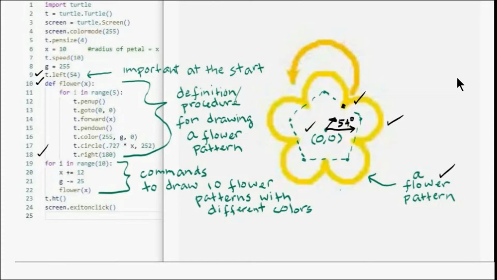You might be wondering why it's 54. I drew here the pentagon inside the flower pattern. And remember that each interior angle of the pentagon is 72 degrees. So this is 72 degrees, in the same manner that this one here is 72 degrees. Now, imagine a circle being drawn inside the pentagon.